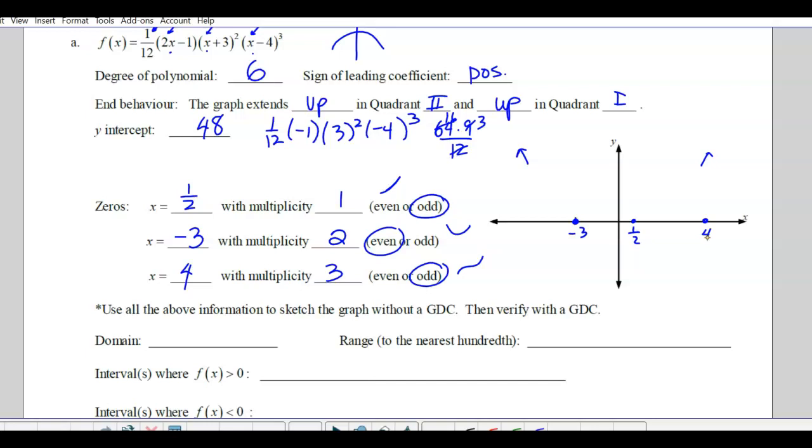It's got to end up in the first quadrant going up, so I'm actually going to start it here and do that zigzag down. And I'm going to have to come back up to the 1/2. And the 1/2 just goes straight through. And then go up to my y-intercept. I'm going to come back down to -3. Oops, moved it. Okay, there we go. That's a tangent at -3, so a U shape.